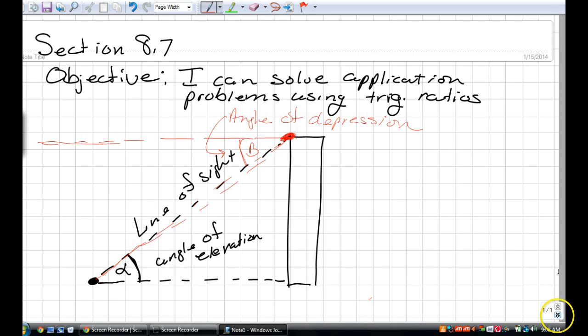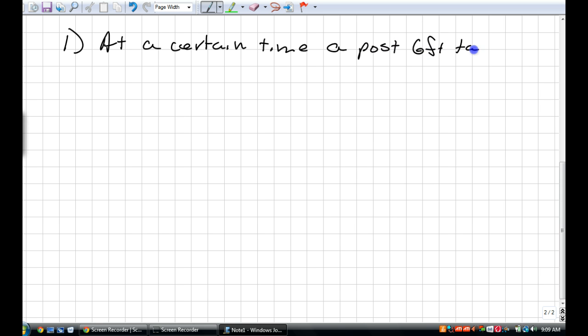All right, so let's look at a couple of examples. Example 1. At a certain time, a post 6 feet tall casts a 3-foot shadow.